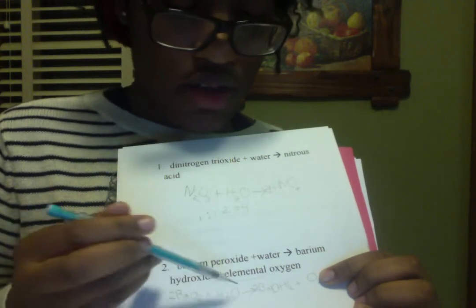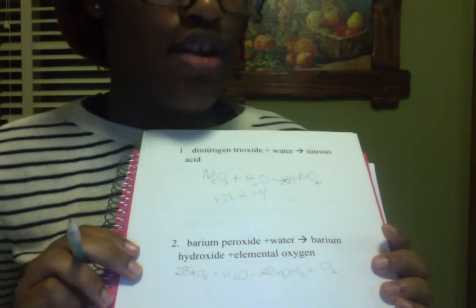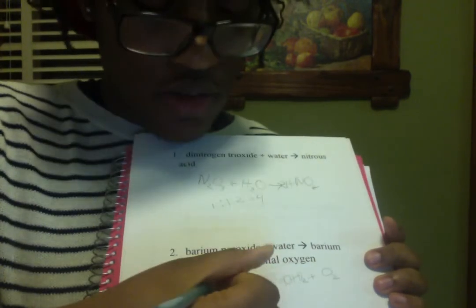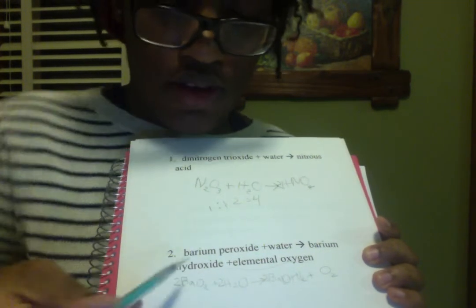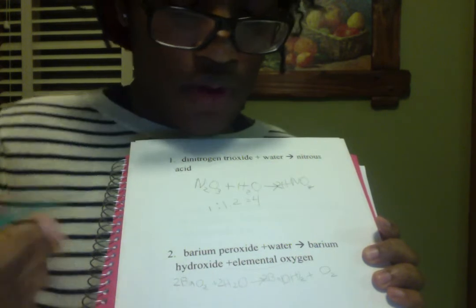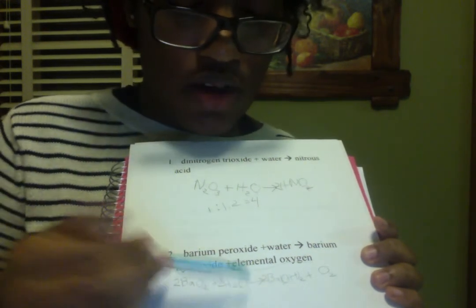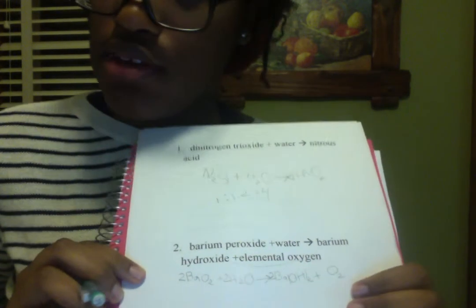Now we still have an uneven number of oxygen. So what we're going to do is place a 2 in front of here. That's going to give us 4 oxygen, and then the 2 goes out to here and gives us 2 oxygen. Those together make 6, and we also have 6 over here.